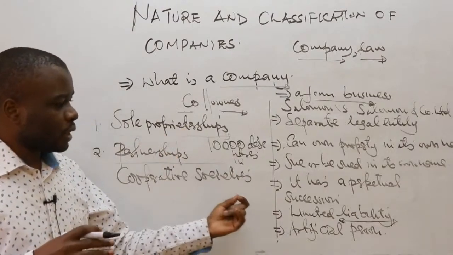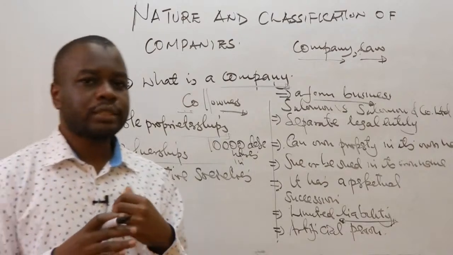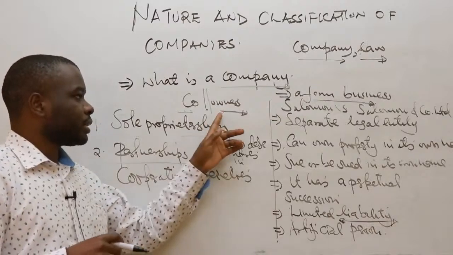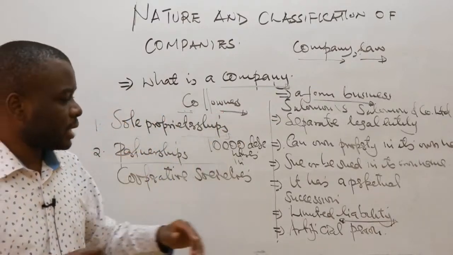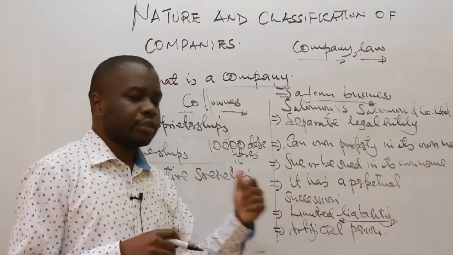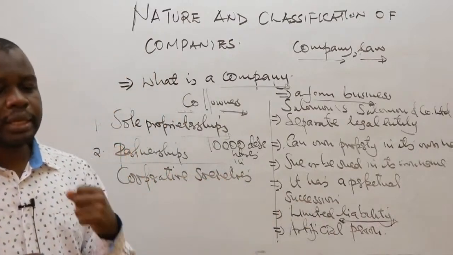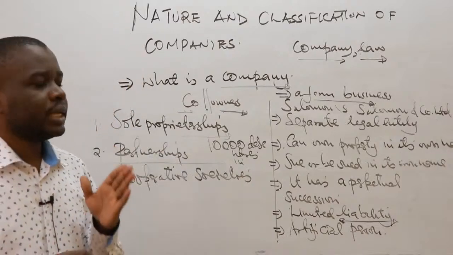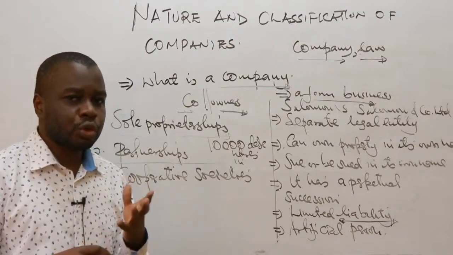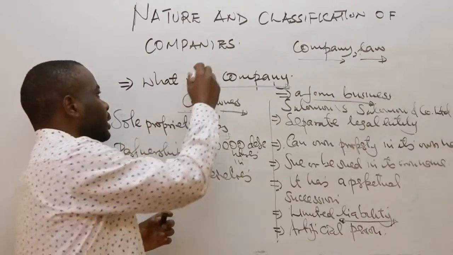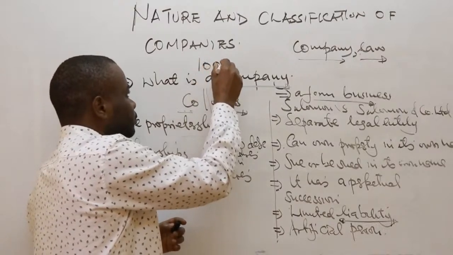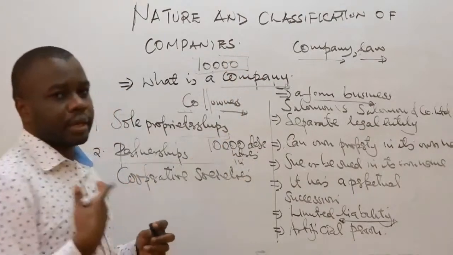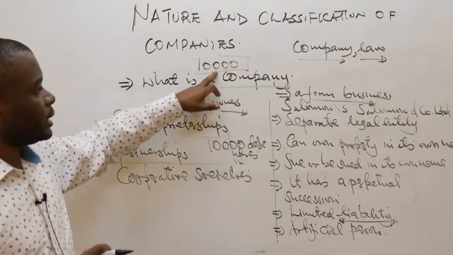But in a company, we have what is known as limited liability, such that the liabilities of the owners of the business are up to a certain extent. They're limited. For example, this liability can be limited up to the amount you've guaranteed to contribute in case the company is liquidated or its life comes to an end. For example, if you guarantee to give 10,000, then your liability in the company will be up to 10,000.